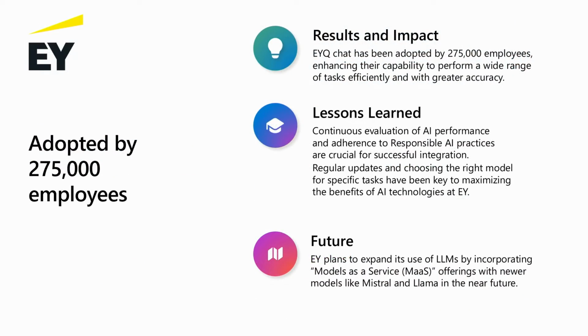And the EYQ chat has been adopted by more than 275,000 employees globally, which is enhancing their capability to perform a wide range of tasks efficiently and with great accuracy.